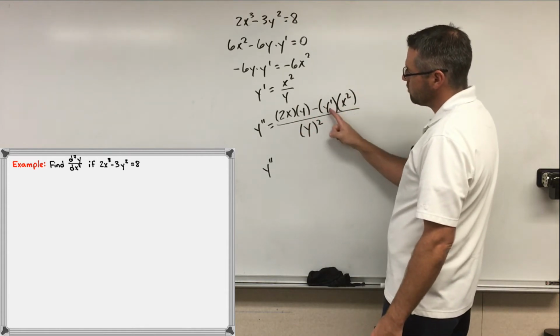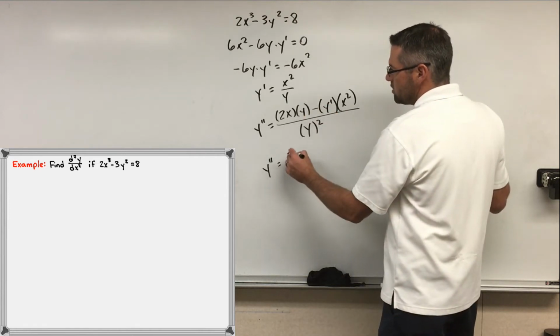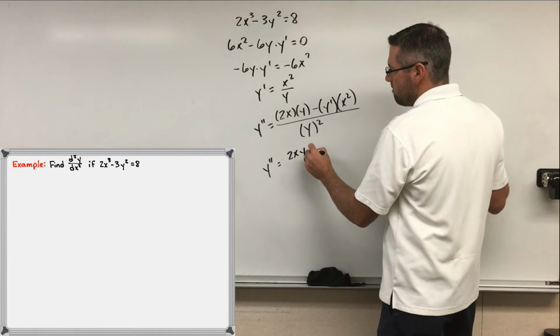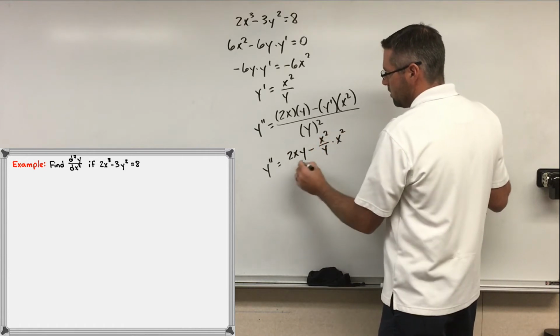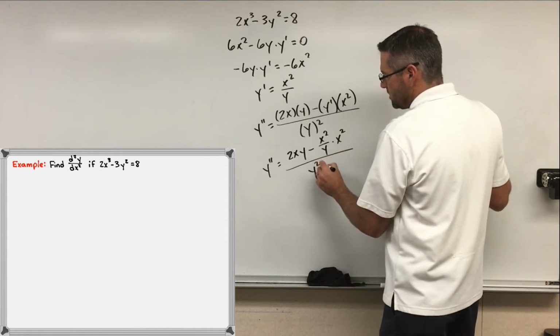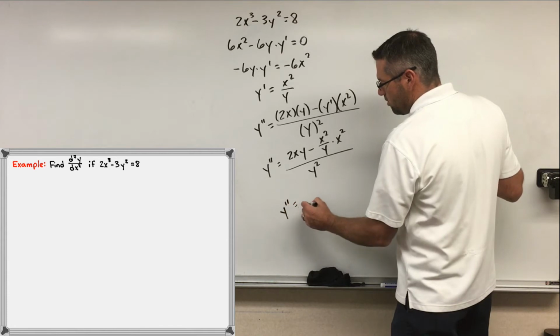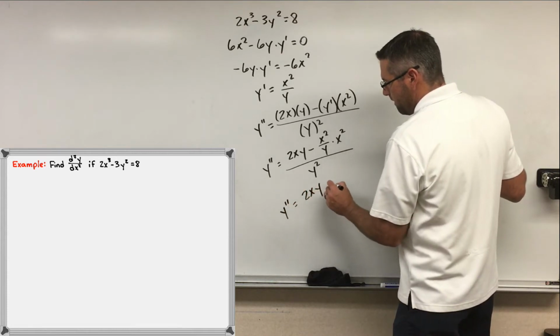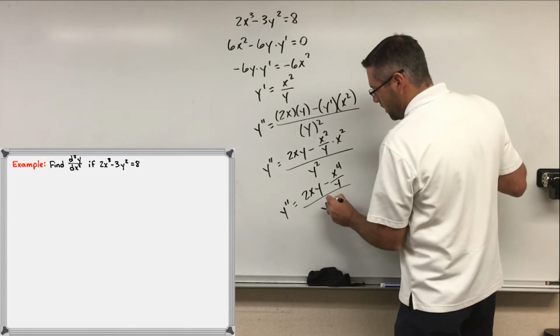But what I can do is replace the y prime with x squared over y. So I end up with 2xy minus x squared over y times x squared, all over y squared. And then we can simplify that a little bit. So y double prime equals 2xy minus x to the fourth over y, all over y squared.